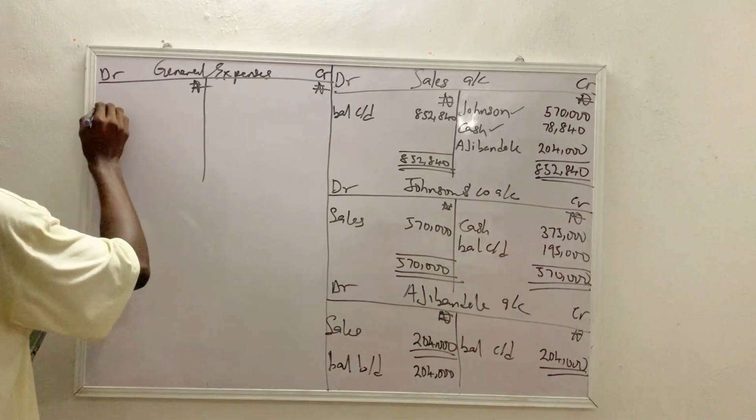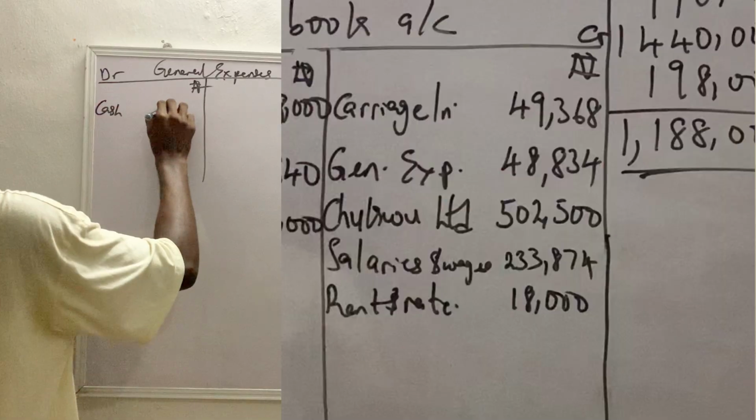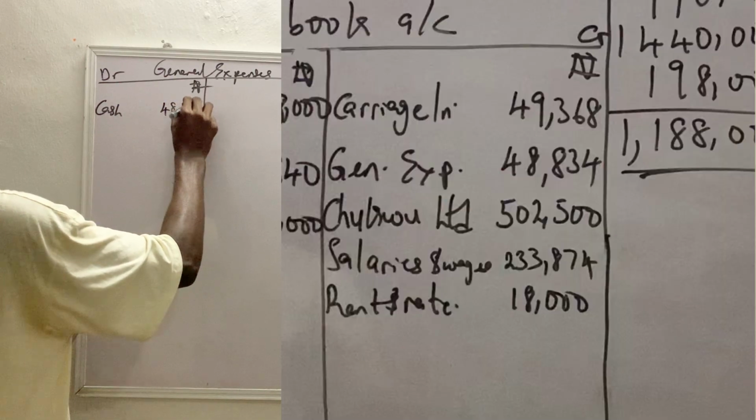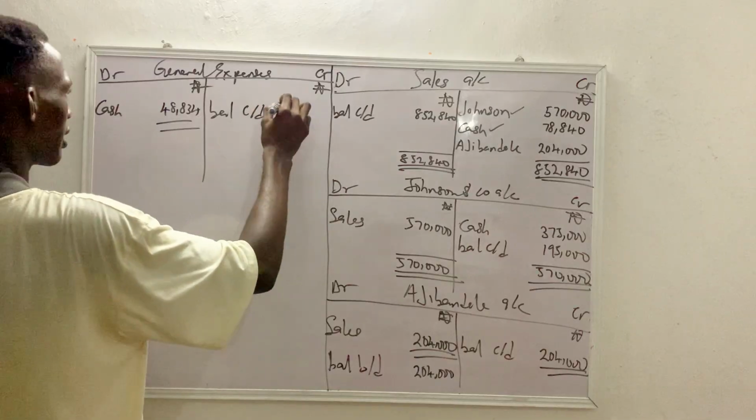Alright. So we have our cash of 48,834. So that's all on our general expenses.